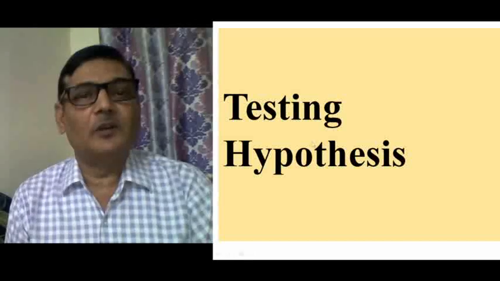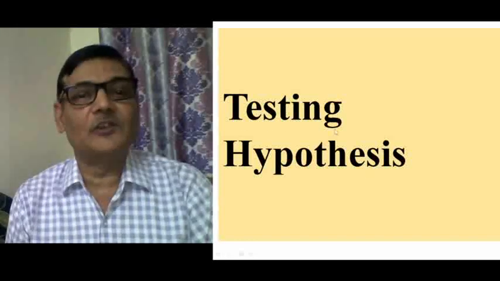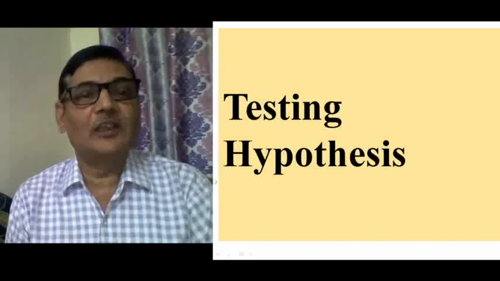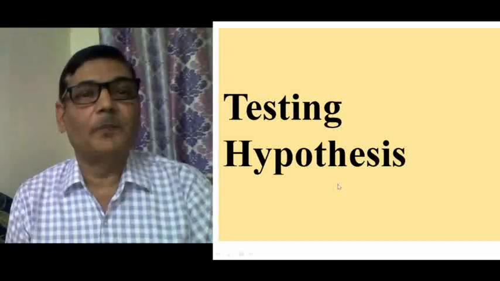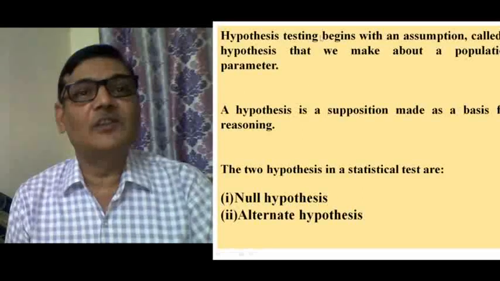But before utilizing a specific test, we have to establish a hypothesis, and we have to test whether the hypothesis comes true in the present case or not. So hypothesis testing begins with an assumption.